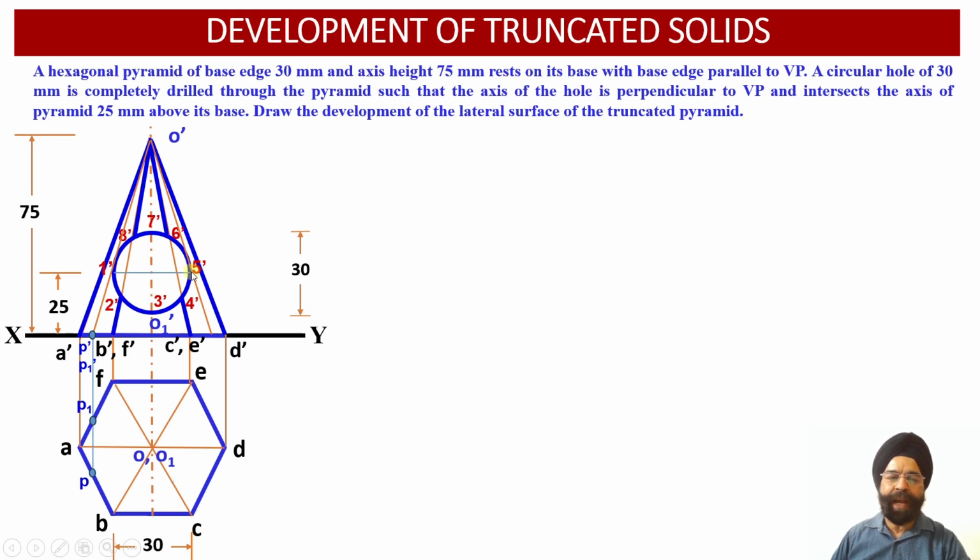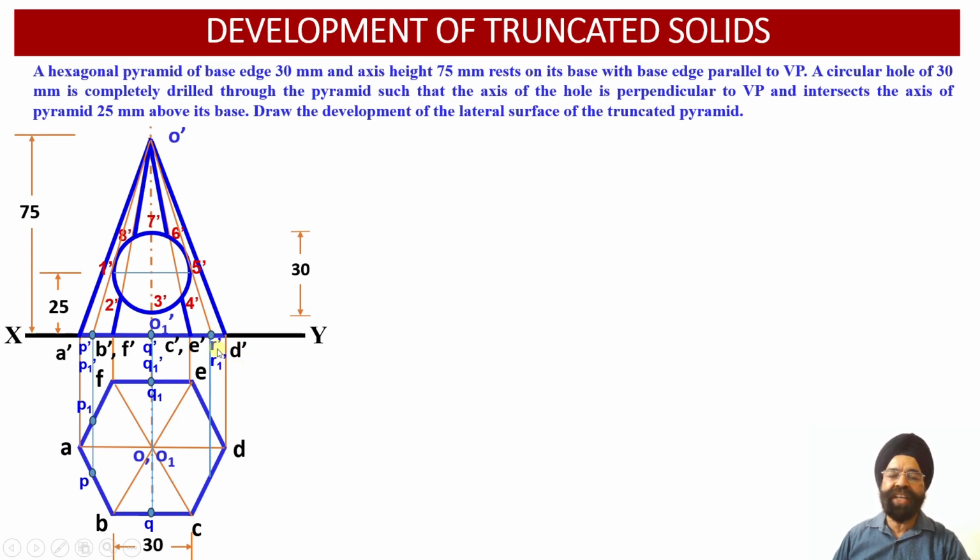Once it passes through the point 5 dash, it is going to intersect with the base of this hexagonal pyramid between the edges C dash D dash and D dash E dash. That is, between the edge CD one point will be available, and between the edge DE another point of intersection will be available. We label these points as R dash and R1 dash.